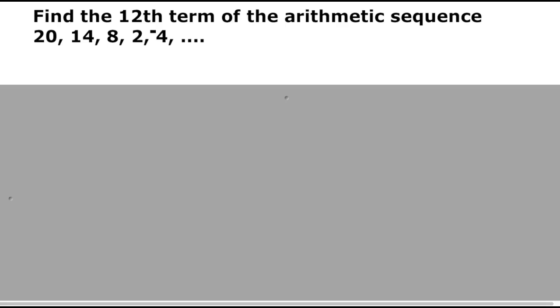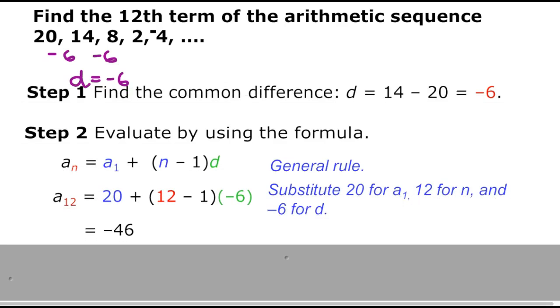All right, find the 12th term of this arithmetic sequence. Well, if we want to know the 12th term, we need to know what the constant or common difference is. And so the common difference here would be likely -6. I'm assuming it is an arithmetic sequence because they tell us it is, so I'm not going to check every term. So the common difference is -6. So your d is equal to -6, and then this is a problem where we have the big ta-da.